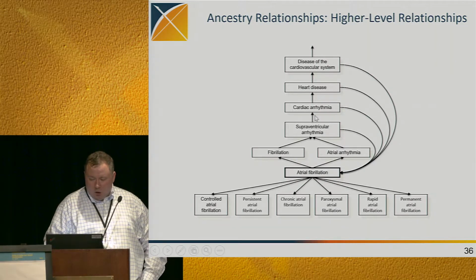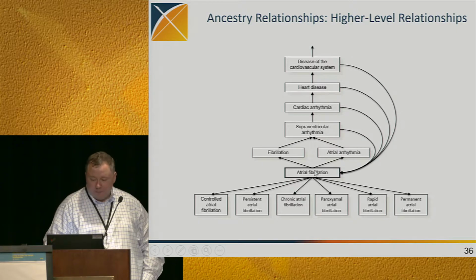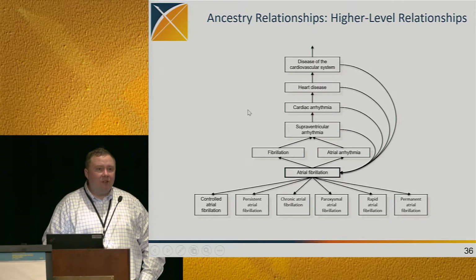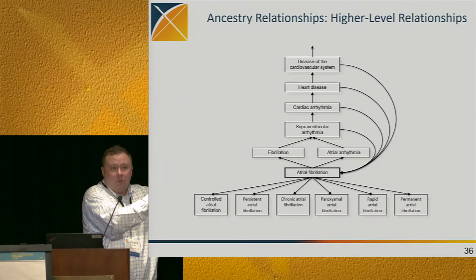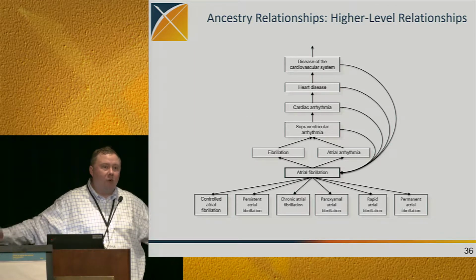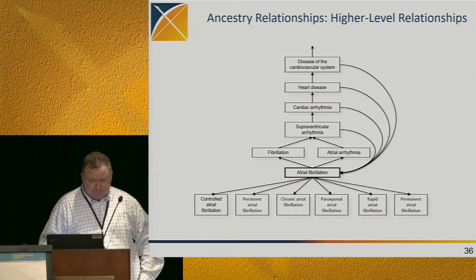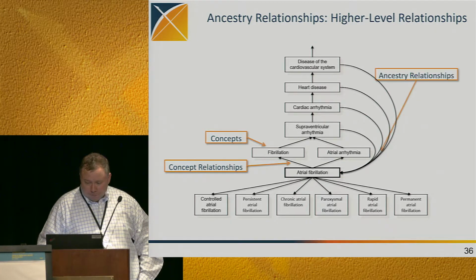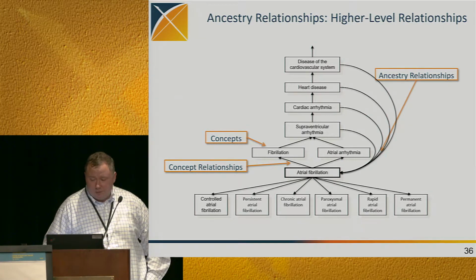But if I follow 1, 2, 3, 4 hops, I can see that atrial fibrillation is also a heart disease. And so this concept ancestor table allows us to create abstract notions of ideas that we want to explore and use the vocabulary to subsume all of the different entities that might fall within that. So you've got concepts, concept relationships, and then ancestry relationships.